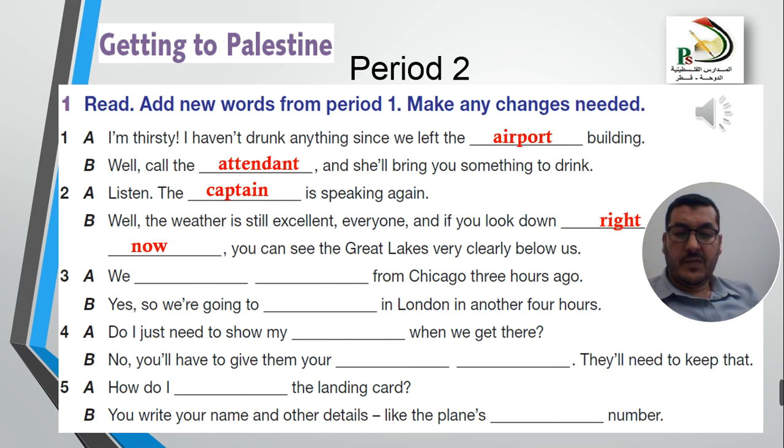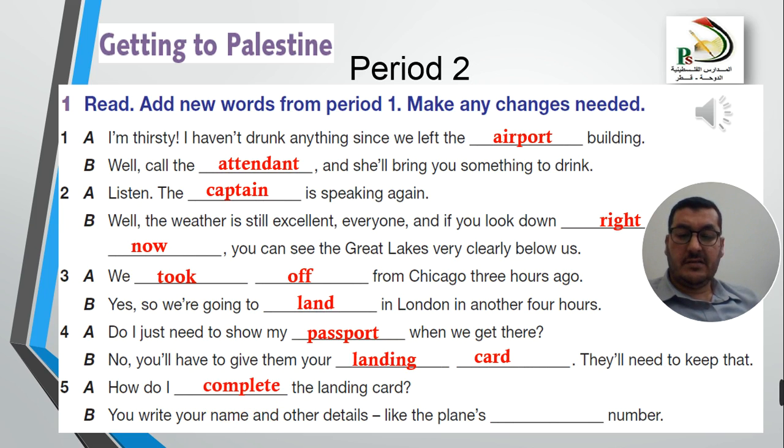Number 3. We took off from Chicago 3 hours ago. Yes, we're going to land in London in another 4 hours. Number 4. Do I just need to show my passport when we get there? No, you'll have to give them your landing card. They will need to keep that. How do I complete the landing card? You write your name and other details like the plane's flight number.